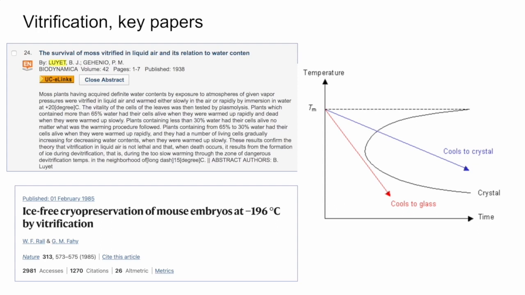Now, the first work on vitrification is a paper by Luyet in 1938, and I would say the most important modern work in vitrification is the work by Greg Fahy and Bill Rall, who preserved mouse embryos.